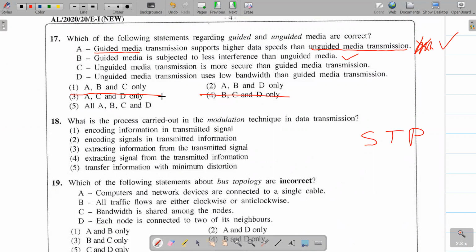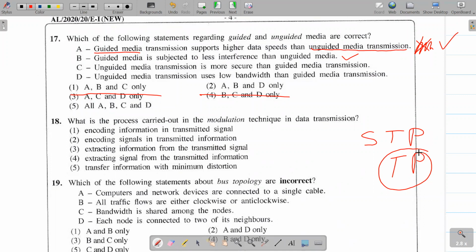And when it comes to guided media, the twisted pair has the lowest bandwidth. So it says unguided media transmission uses low bandwidth than guided media transmission. Comparatively, the twisted pair has the lowest bandwidth.